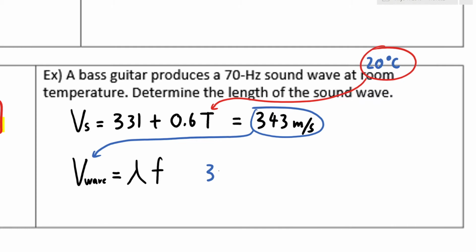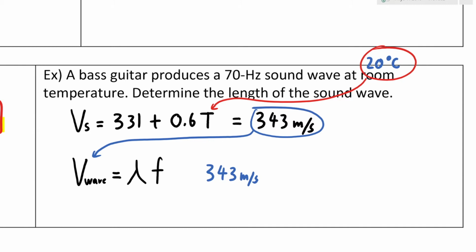So therefore, we can say the sound wave is 334 meters per second in terms of speed, and it's equal to lambda multiplied by the frequency, which is 70 hertz. So if you take those two and divide them, you get 4.9 meters as the wavelength.